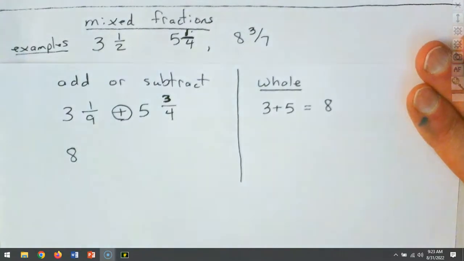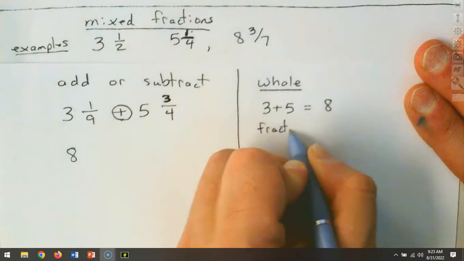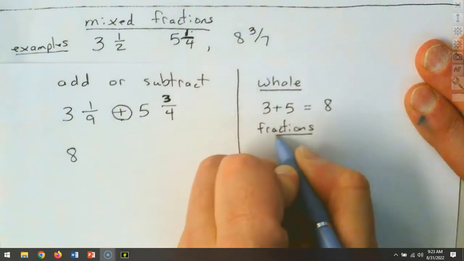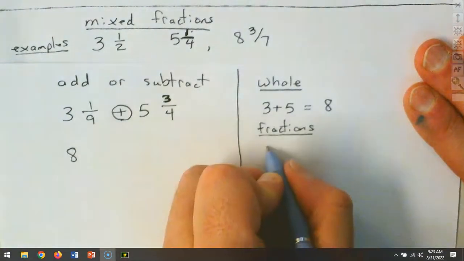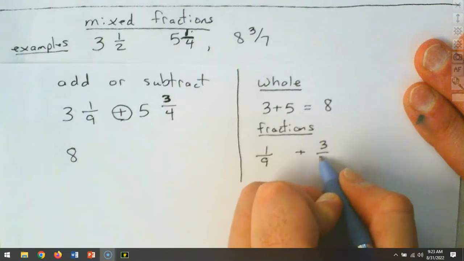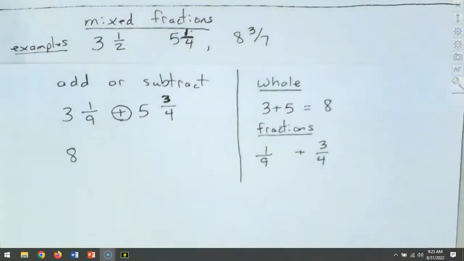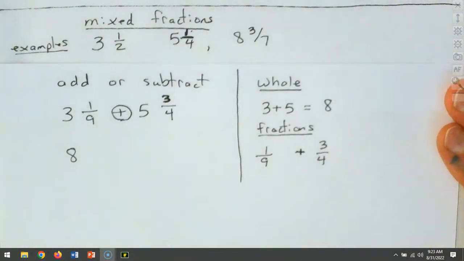Then we work with our fractions. For the fractions, we have 1/9 plus 3/4. Here's where students make a mistake. I see this happen all the time.